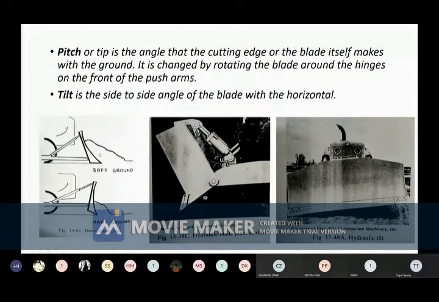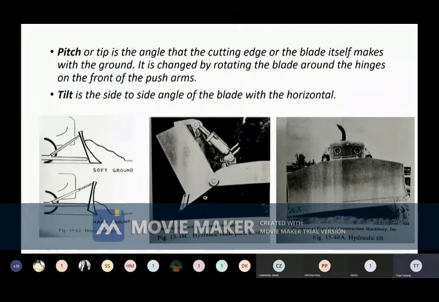So if the ground is soft, we can operate at this angle. However, if the ground is hard, we cannot push easily. Then you see we have extended this piston rod. When we extend this piston rod, the angle changes.